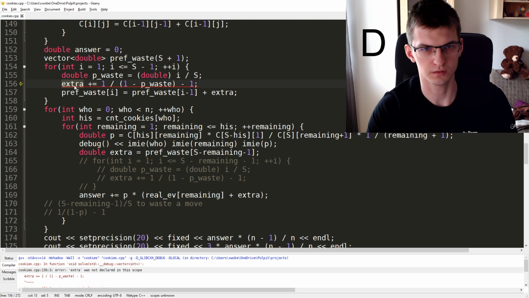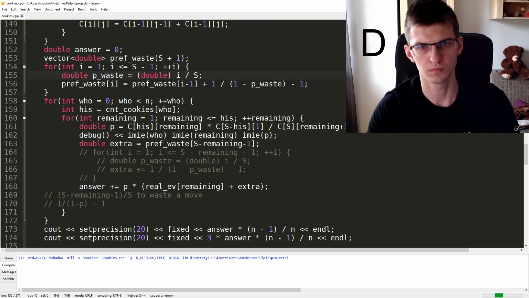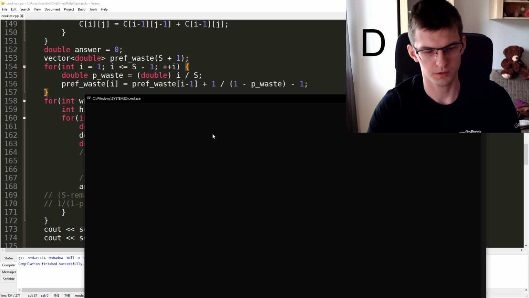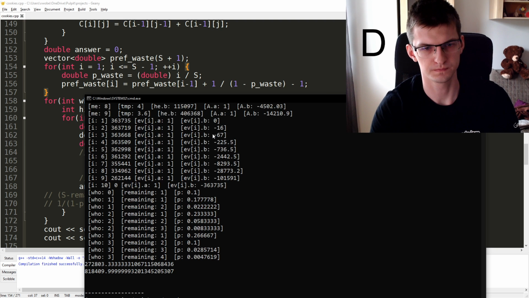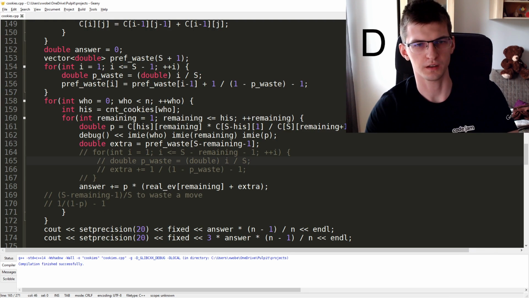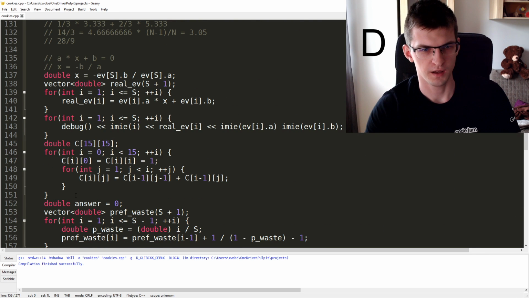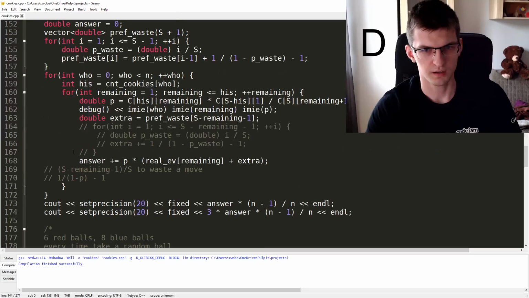What is extra? Come on. Correct. Okay, so I explained why it's linear even though there are two for loops. What's left? I need to get rid of that.